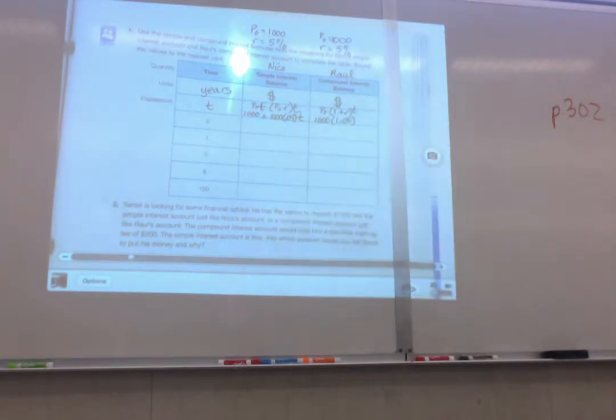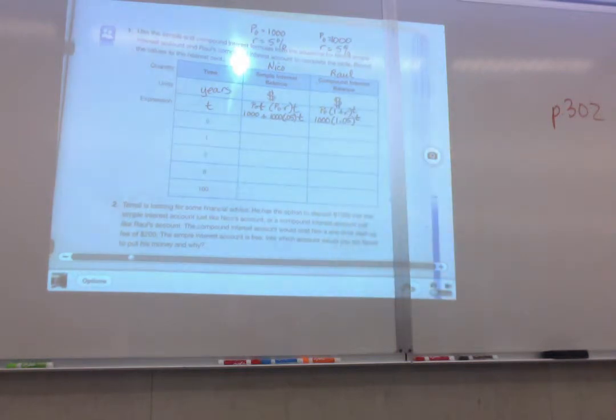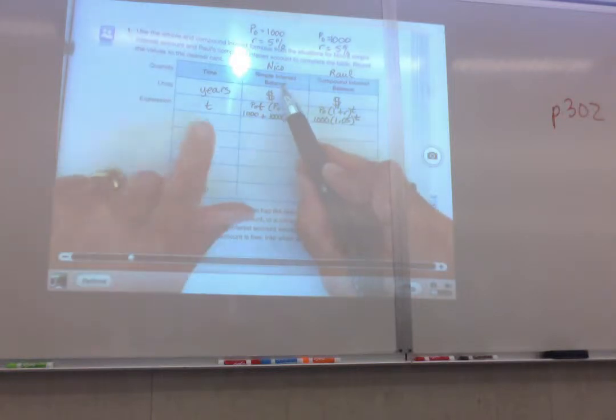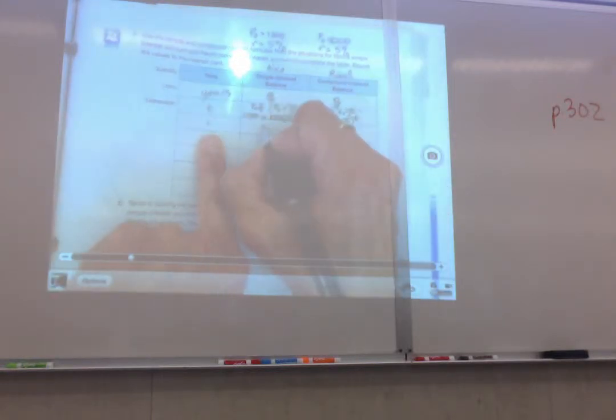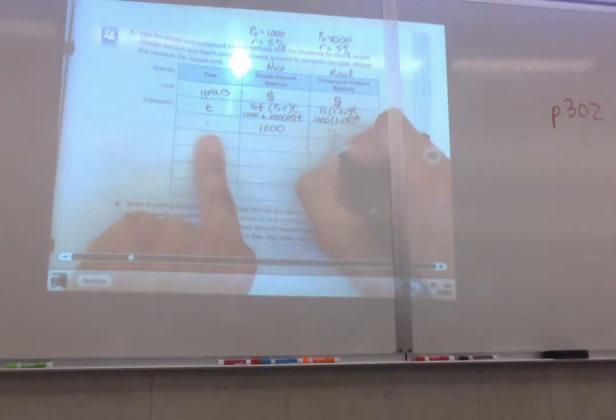That's what happens when we add 1 to 0.05, raised to the T. Okay, simple interest balance. That means how much money is in the account. So at time 0, that's the starting. This guy has 1,000, and this guy has 1,000.